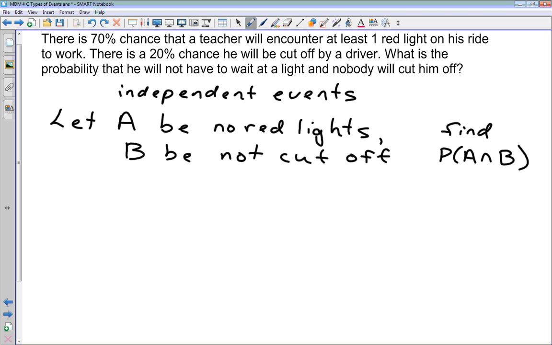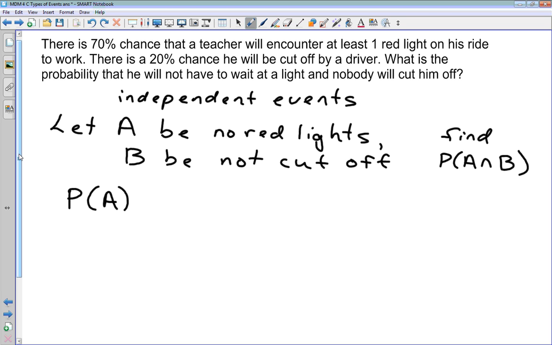We know the formula that we're going to use here. It is going to be the probability of A times the probability of B, because these are independent events. Now, from our reading of the question, what is the probability of A? Are we given this in the question? This is where it gets a little bit tricky. We are given the probability of the complement. We want A to be the event that there are no red lights, but we are given the probability that they will encounter a red light.